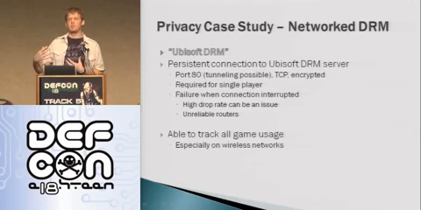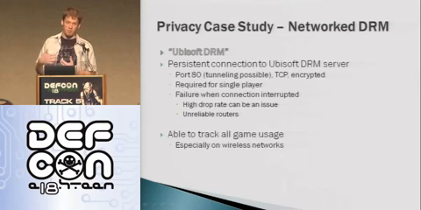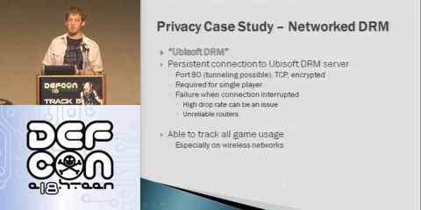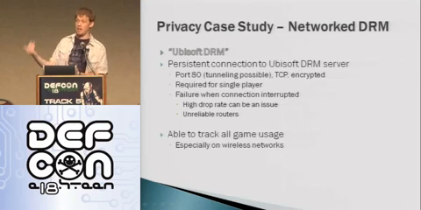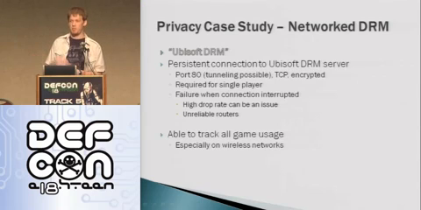So the Ubisoft DRM is the most stringent of these sets of DRMs. When you look at the network traffic going on in your system when you run one of those Ubisoft games, it has a TCP connection that's encrypted over port 80 or any other port that is tunneled, because it could depend on what your network looked like.